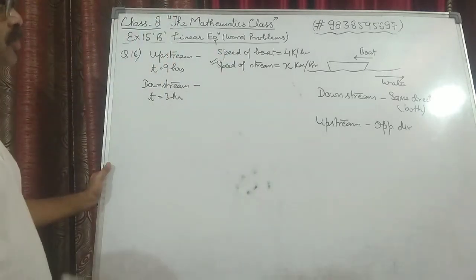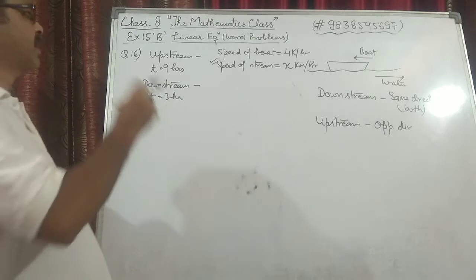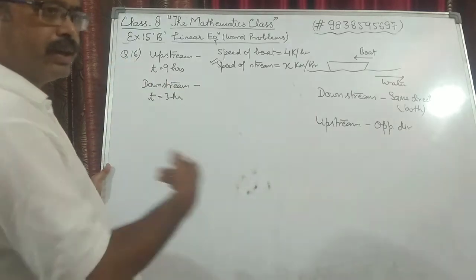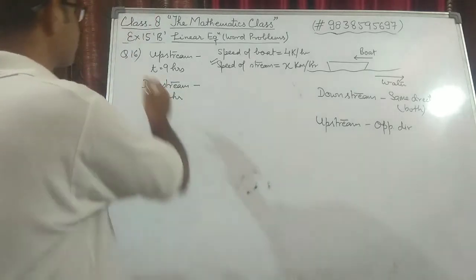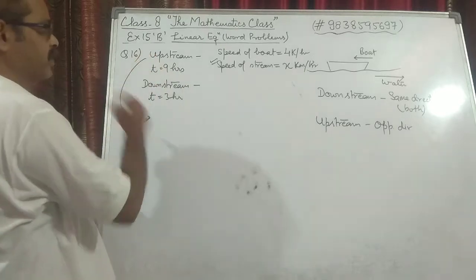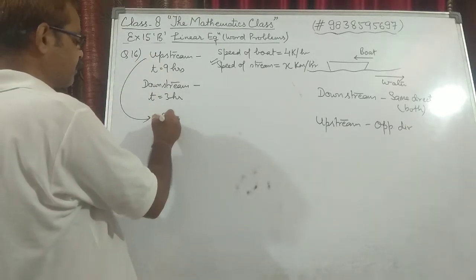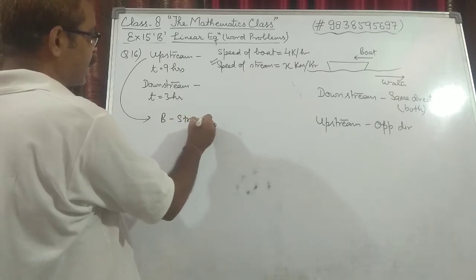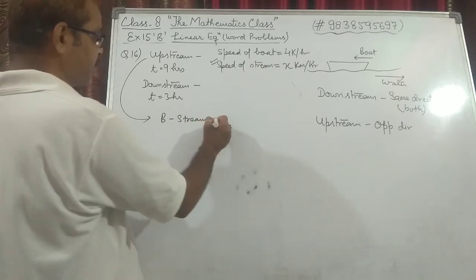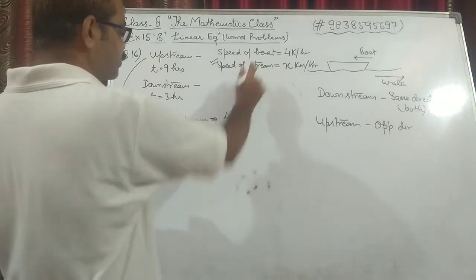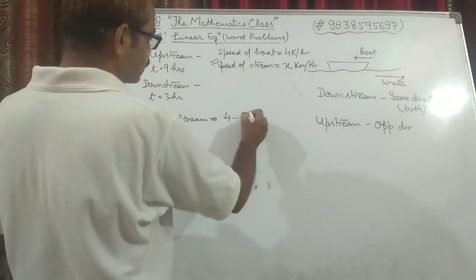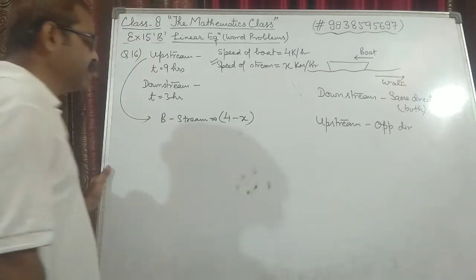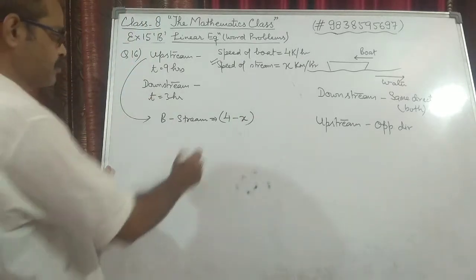So when the boat is traveling upstream, the boat is moving in the opposite direction. So the relative speed will be boat minus stream. The speed of the boat is given to us as 4, and the stream we have assumed as x. So this is the relative speed of the boat upstream.